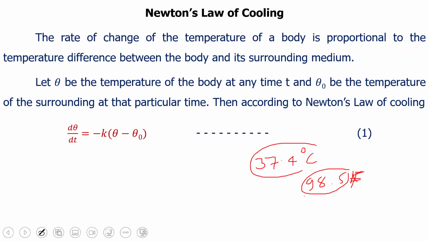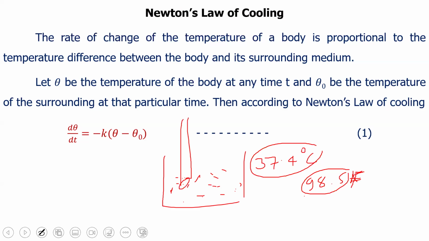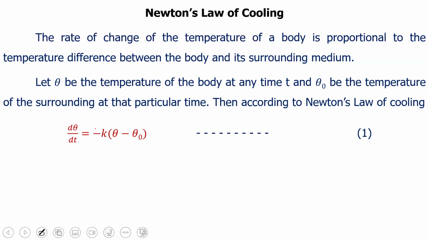If we keep this thermometer in hot water, then definitely the temperature of the thermometer will increase. So at that time, when time increases, the temperature of the thermometer will also increase. So at that time, we don't put a minus sign over here. So the minus sign represents that when time increases, the temperature of the body decreases.